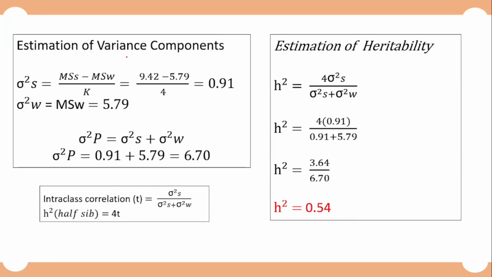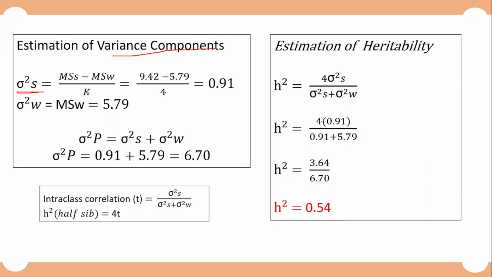So first we will estimate the variance components. The first variance component is sigma square s, which is the sire variance. The formula to calculate sire variance is mean sum of square between sires minus mean sum of square within sire, divided by k.